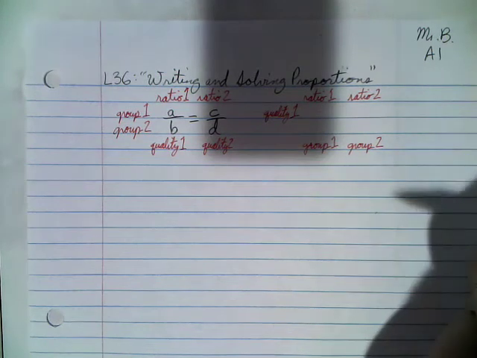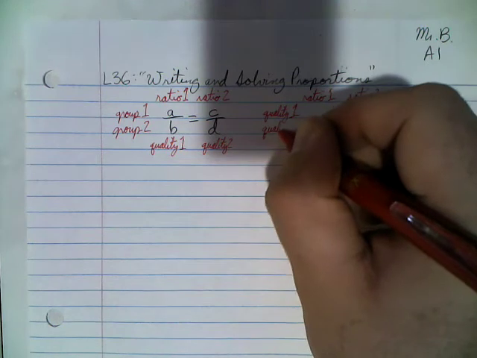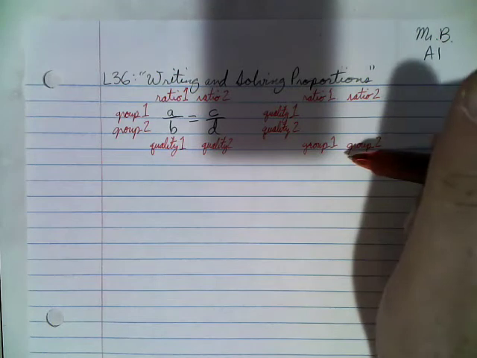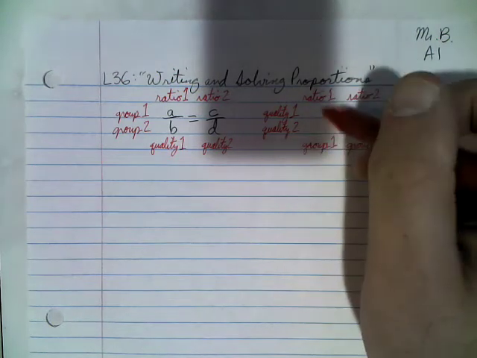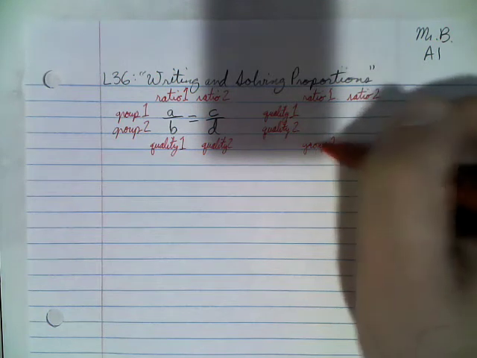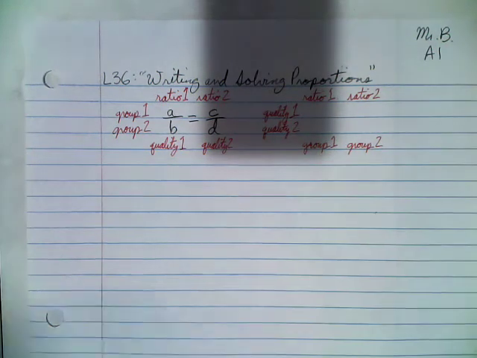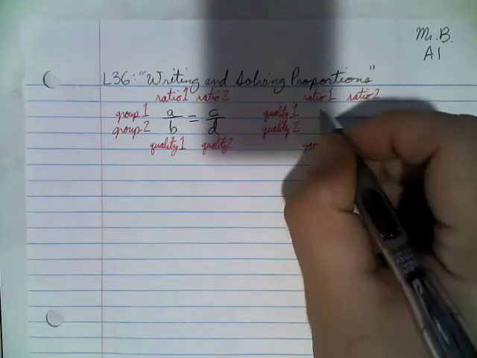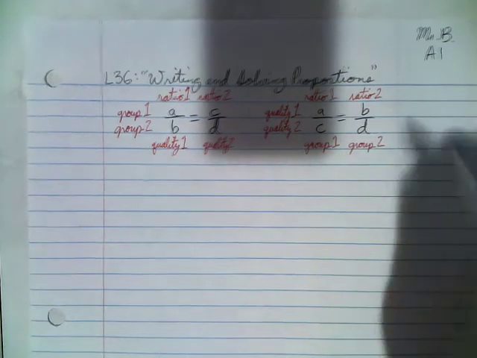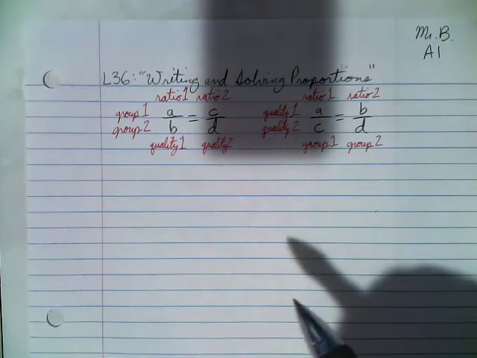It could be the length of something, could be the height of something, okay, width, whatever. And so it could be a ratio of two things in the same group compared to corresponding two things in a second group. And if we look at it from here, then we'd end up with a related ratio or proportion that would look like this.